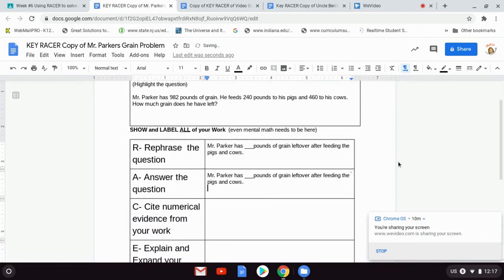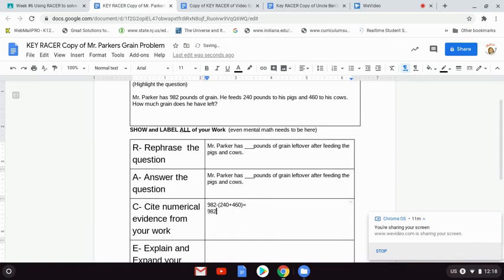Okay, so let's cite the numerical evidence. So this is how many pounds he has, 982 pounds total. First, we have to figure out how many pounds he used. So we're going to do that in parentheses because that's the first part we're going to do. So 240 plus 460, and that'll tell us what we have left over.